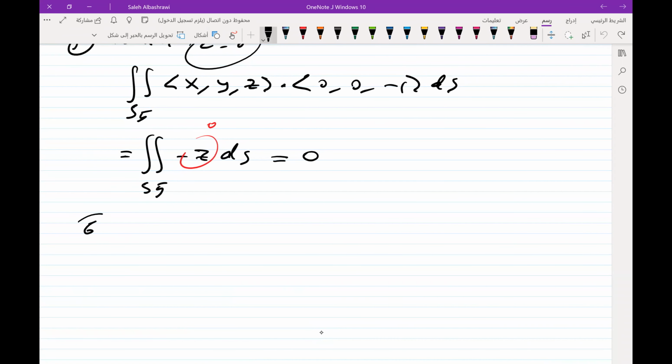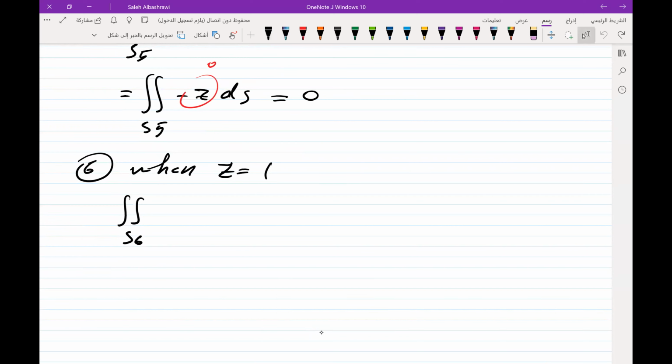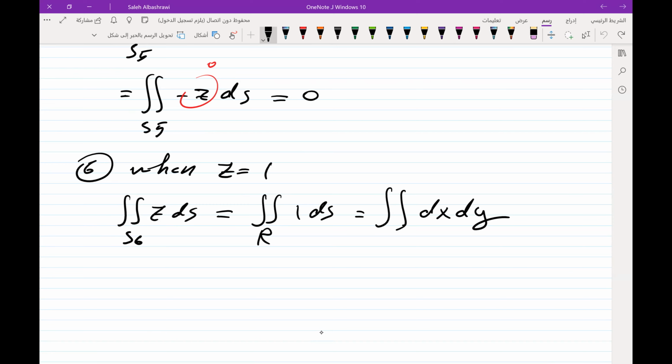Number 6, the integration over the sixth face, is when z equal to 1, which gives plus z ds, equal to the integral of 1 ds over R. That will be dx dy, with the limit for x from 0 to 1 and for y from 0 to 1, and this will give me 1.